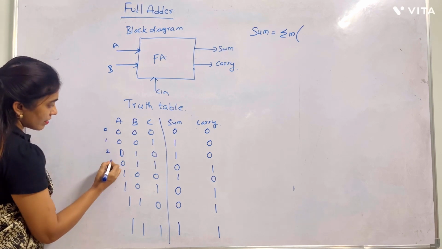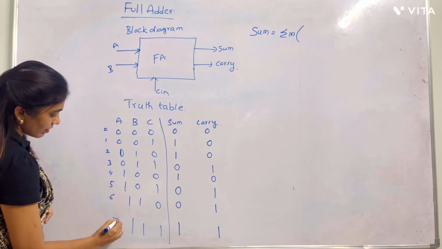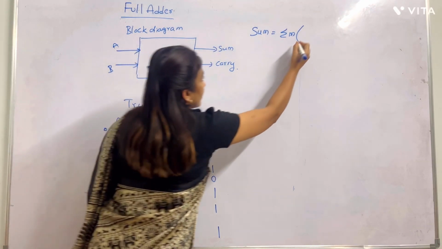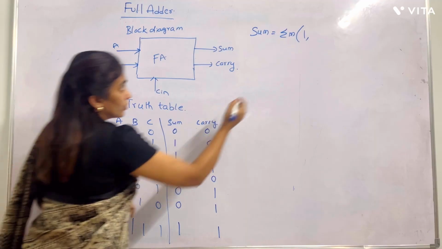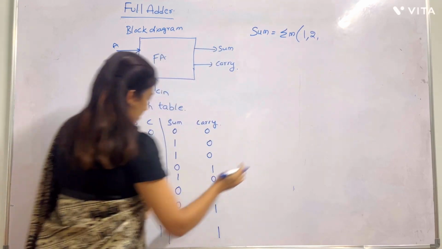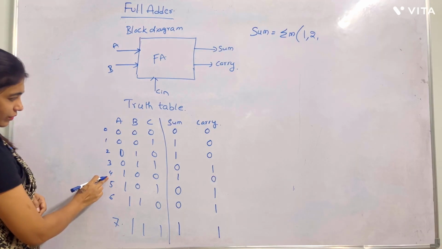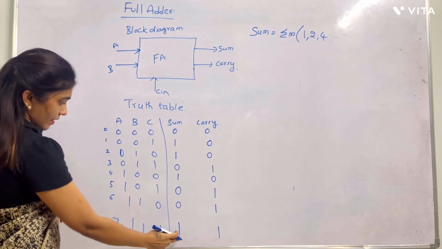Write down the min term locations. The first min term location is 1, the next is at 2, the next is at 4, and the next is at 7.